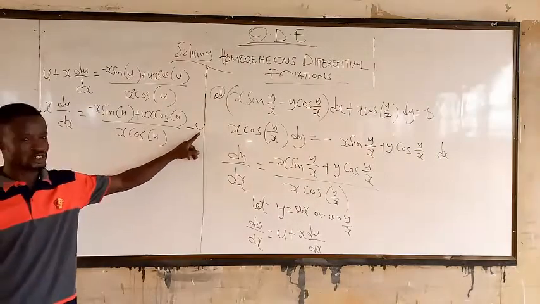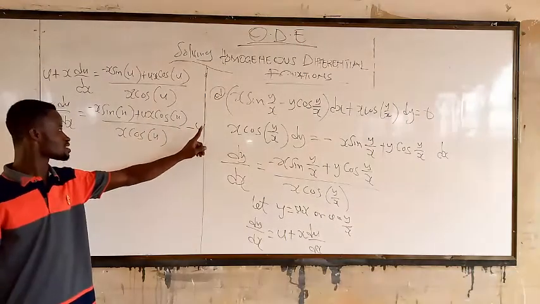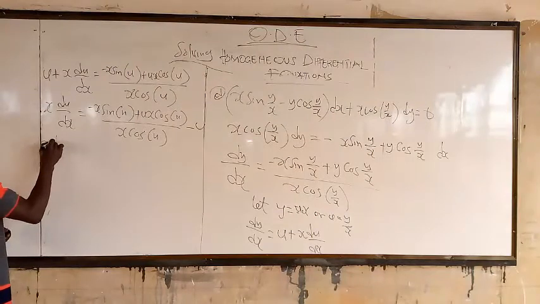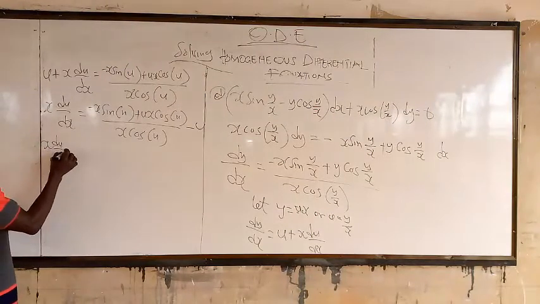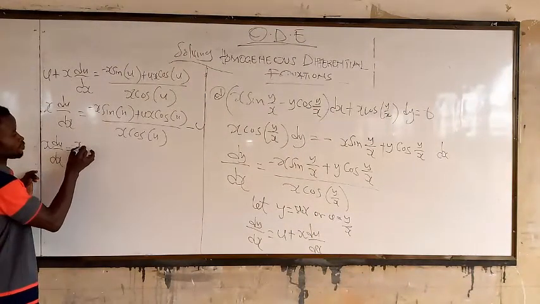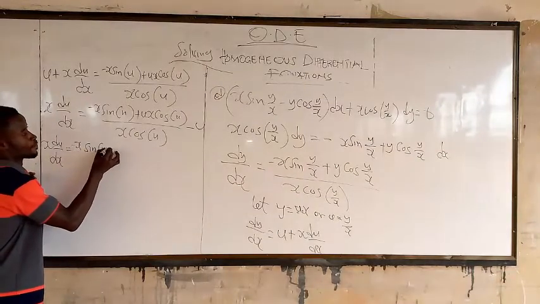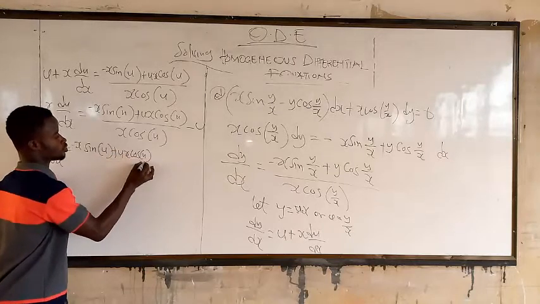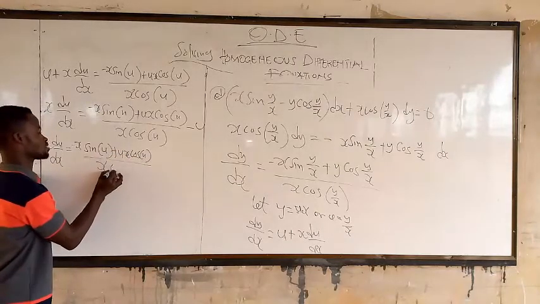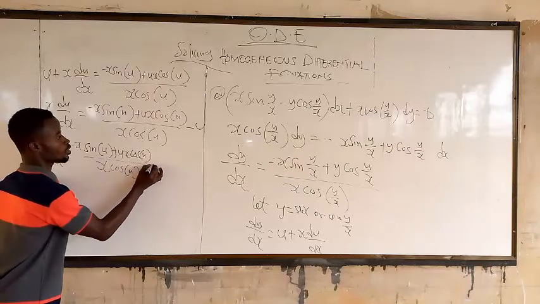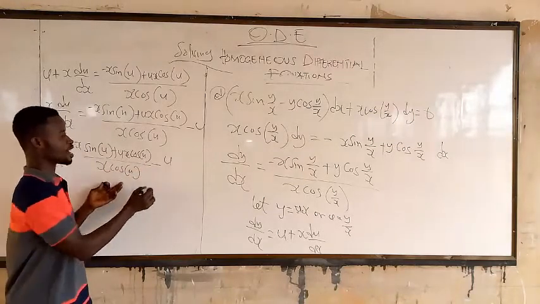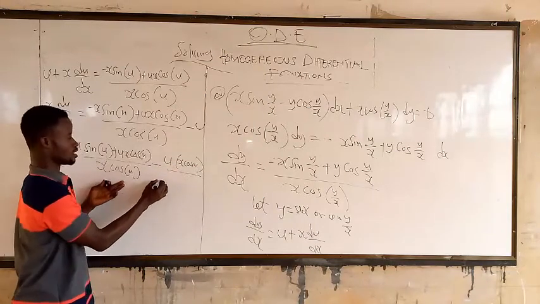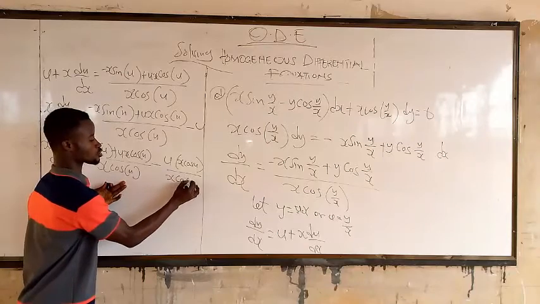Therefore, we have to multiply this u by x cos u over x cos u. So let's repeat that step again. Negative x sin u, all this over x cos u minus u multiplying by what? x cos u over x cos u.